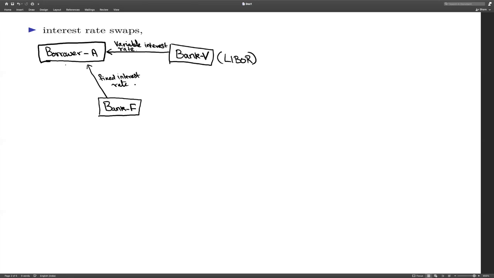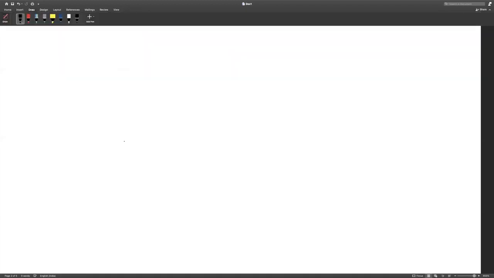So what happens is there will be a contract between borrower A and bank F, which says that whatever may be the variable interest rate, the bank F will convert the variable interest rate for the borrower A into a fixed interest rate by giving the variation as a separate cash flow to borrower A. So such a swap is called a plain vanilla swap. Let me explain the mechanism behind this plain vanilla swap.